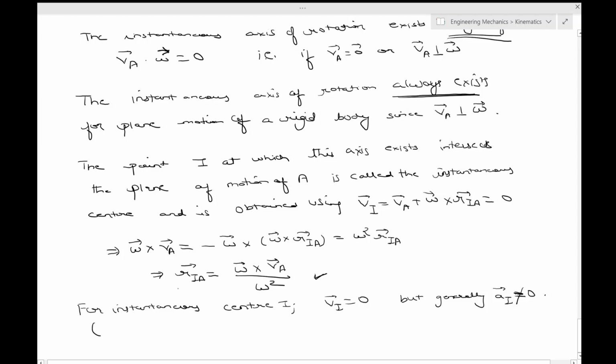This is because this position Ri keeps on changing, so there are different points of the body that are instantaneous centers at different instants.